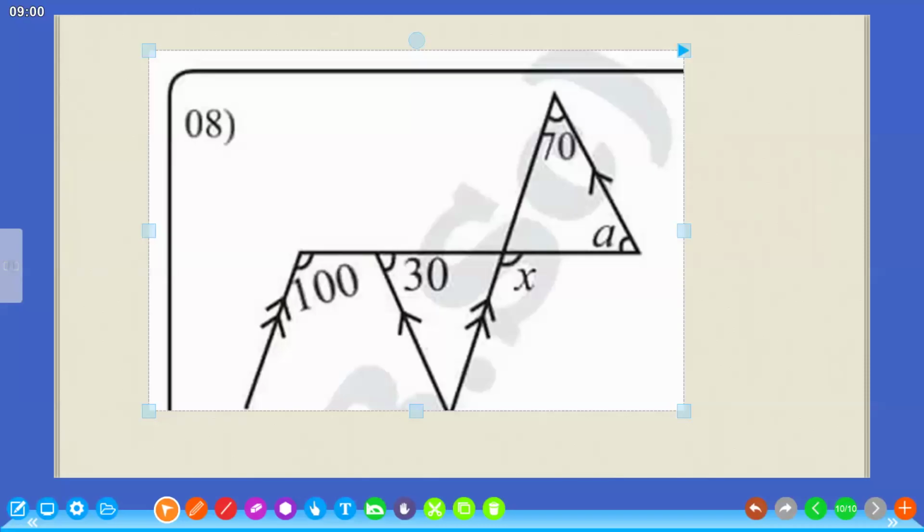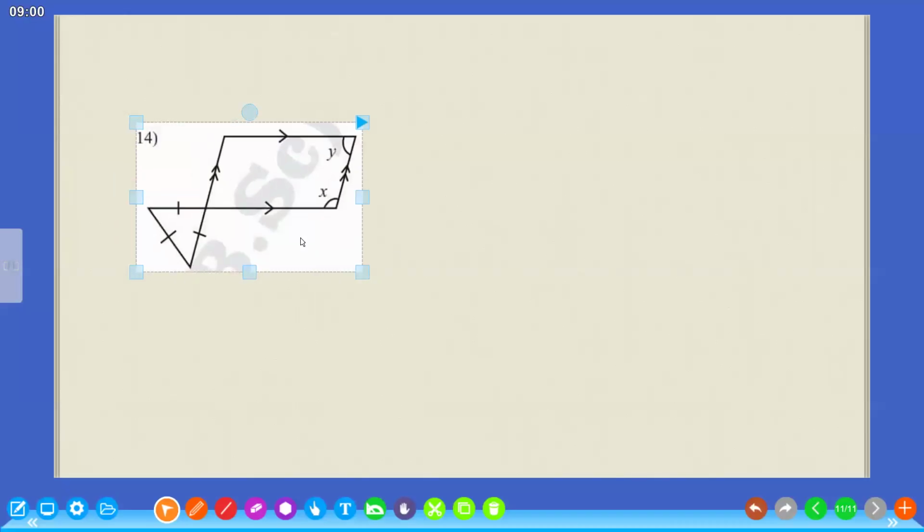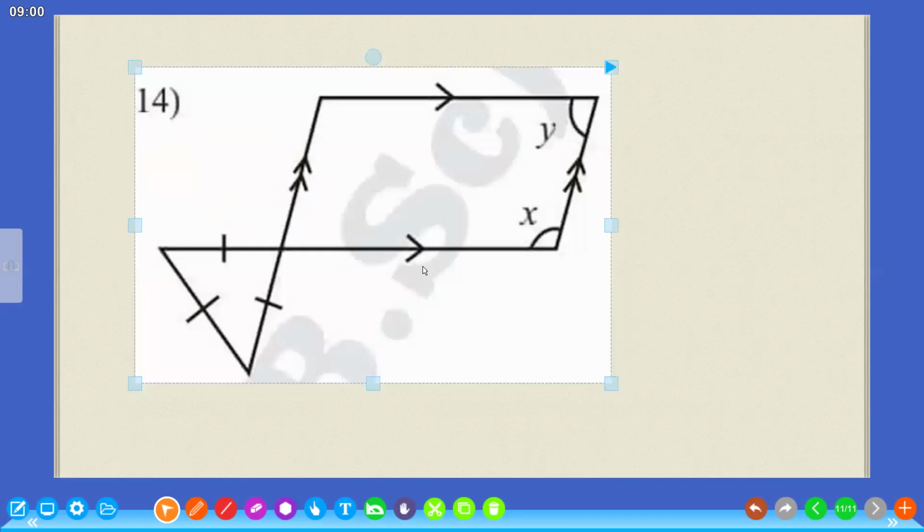Next question. Right. Next. Students, how much are X and Y? That is easy, easy for you.